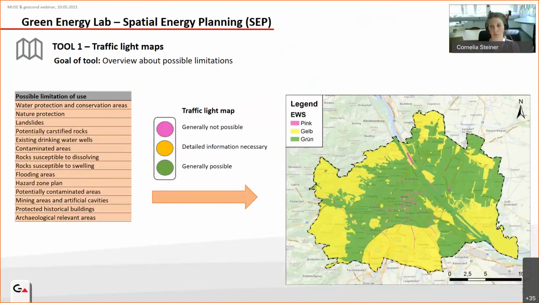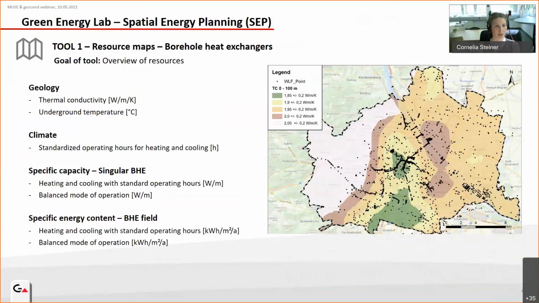And this is one example of the traffic light map for the city of Vienna. And you see that pink areas are only very small ones, mostly related to water protection areas and underground buildings. And for the resource maps, we provide basic information about the geology and the climate.